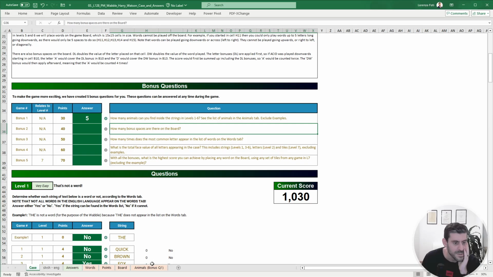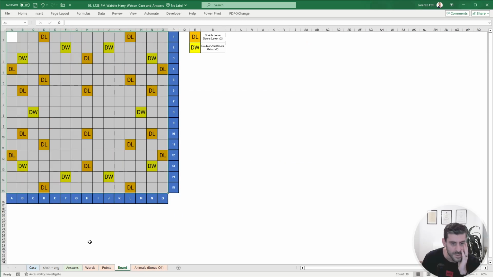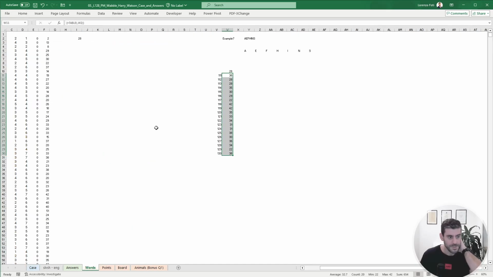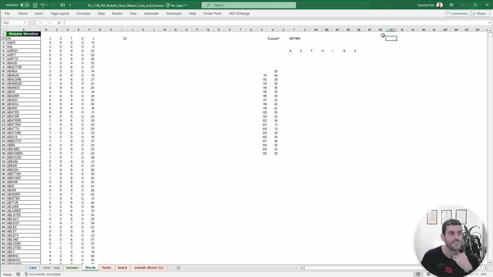How many bonus spaces are there on the board? Well, this is honestly a gift, 30. How many times does the most common letter appear in the list of words on the words tab? Didn't have time to do this. It will be CHAR of SEQUENCE of 26, starting from CODE of a.